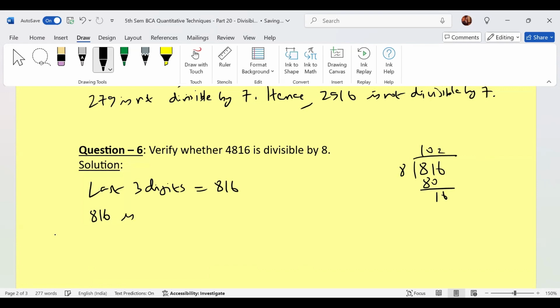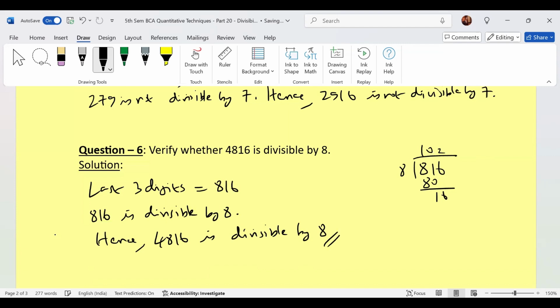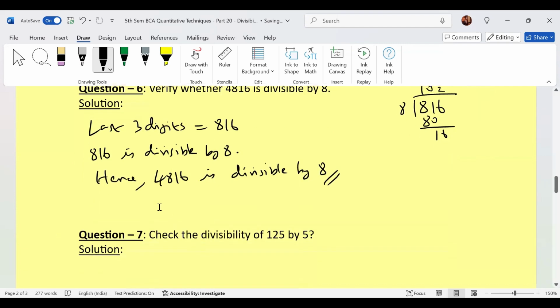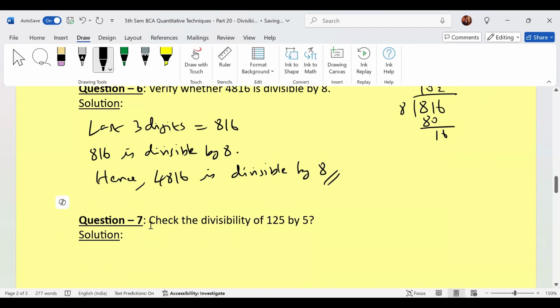So 816 is divisible by 8. Hence, 4816 is divisible by 8. That will be the solution for this. Let us check the next one.